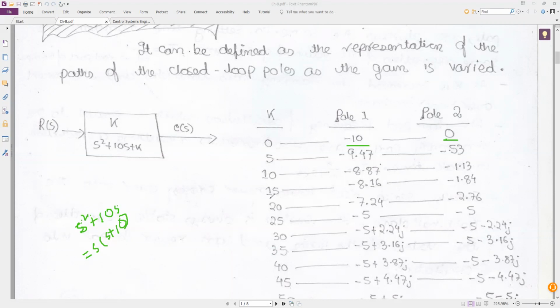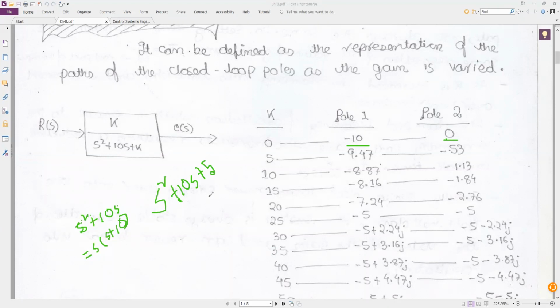It is clear. And if you put the value, it is s square plus 10s plus 5. Then you can take the values.